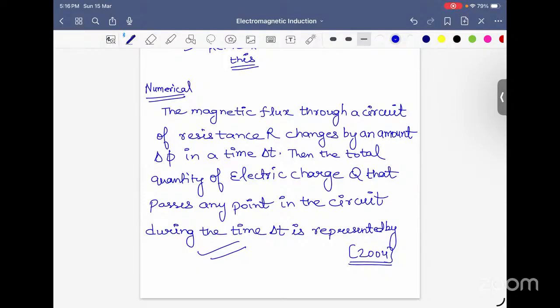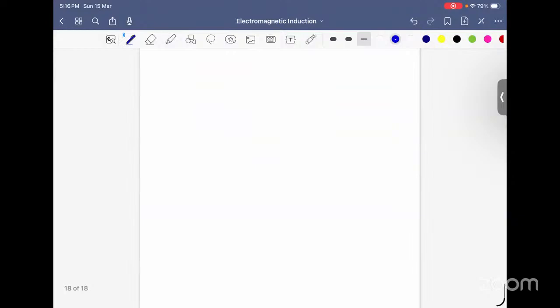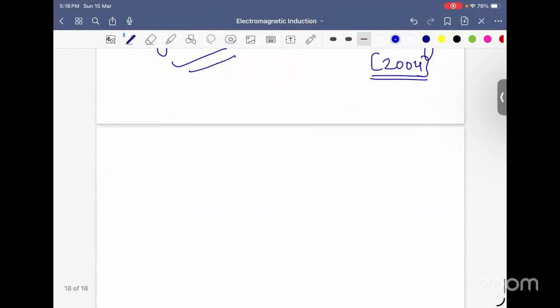In this question, it's not required for you to solve anything, because we have already derived it. Let us derive it again. We know EMF induced is d phi by dt.